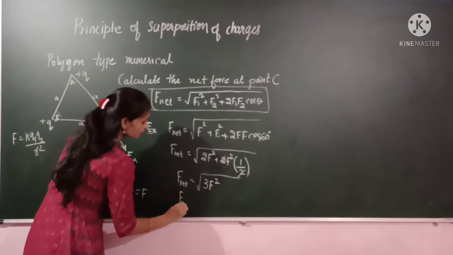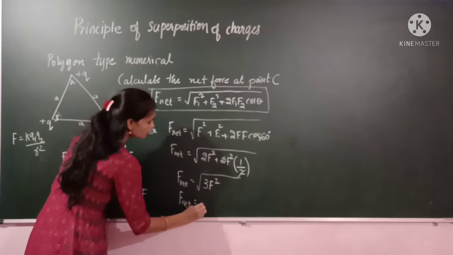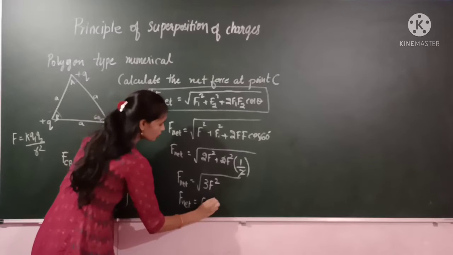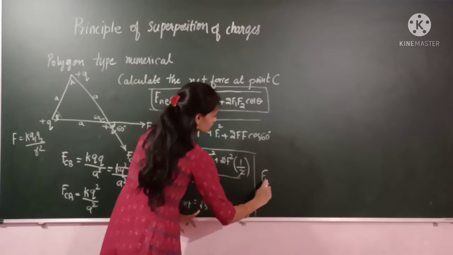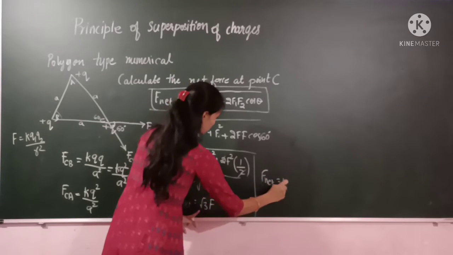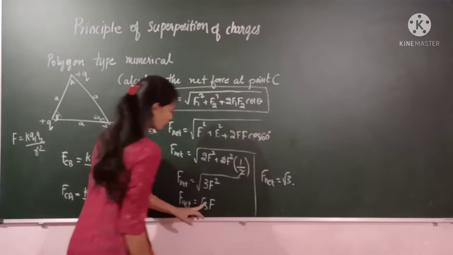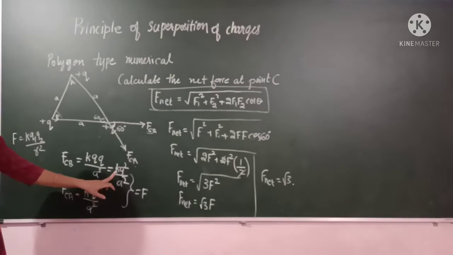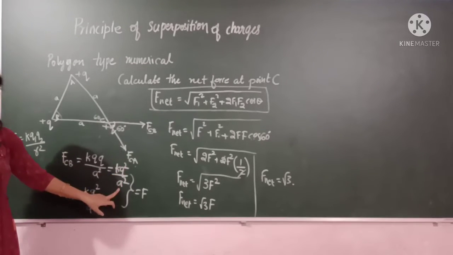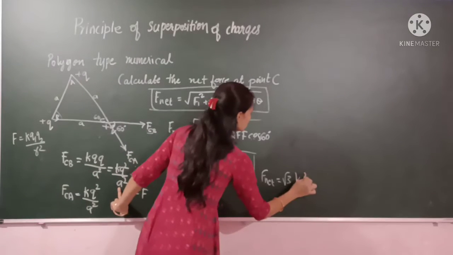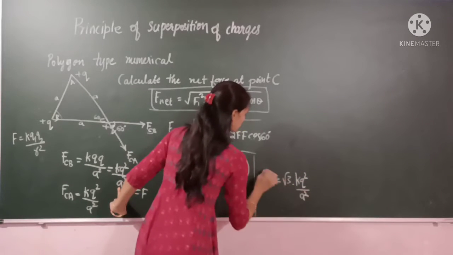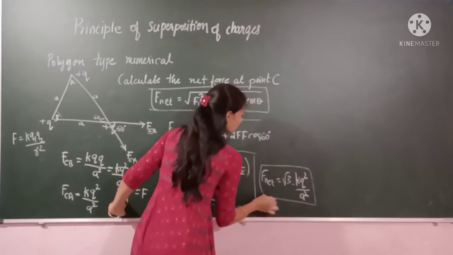So F net is root 3 into F. F value is K Q square divided by A square. So F net equals root 3 K Q square divided by A square. This is our final answer.